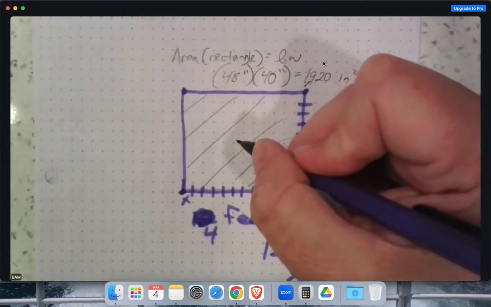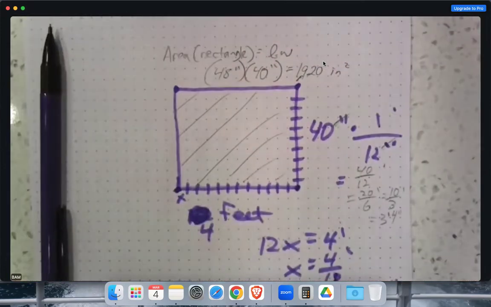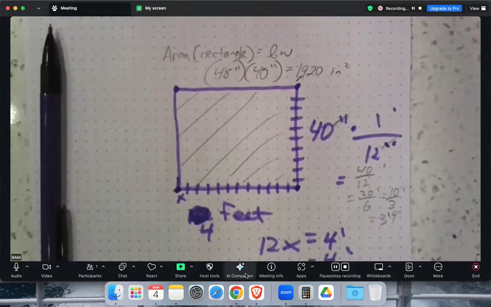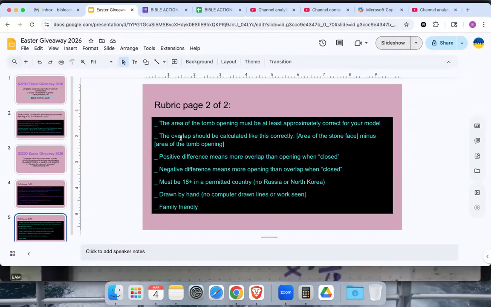Don't use my example. And now for the difference. So in the rubric, it says the overlap should be calculated like this correctly. Area of the stone face minus area of the tomb opening. And a positive difference means more overlap than opening. A negative difference means more opening than overlap.